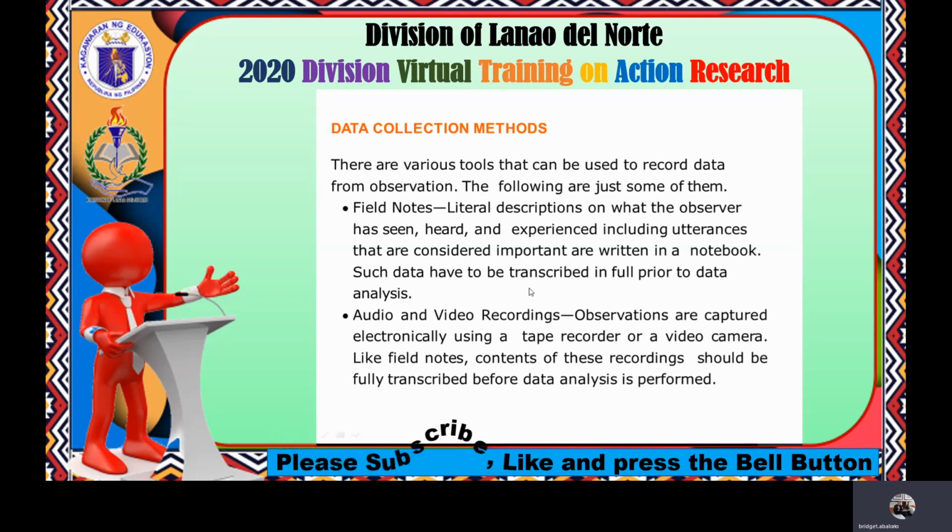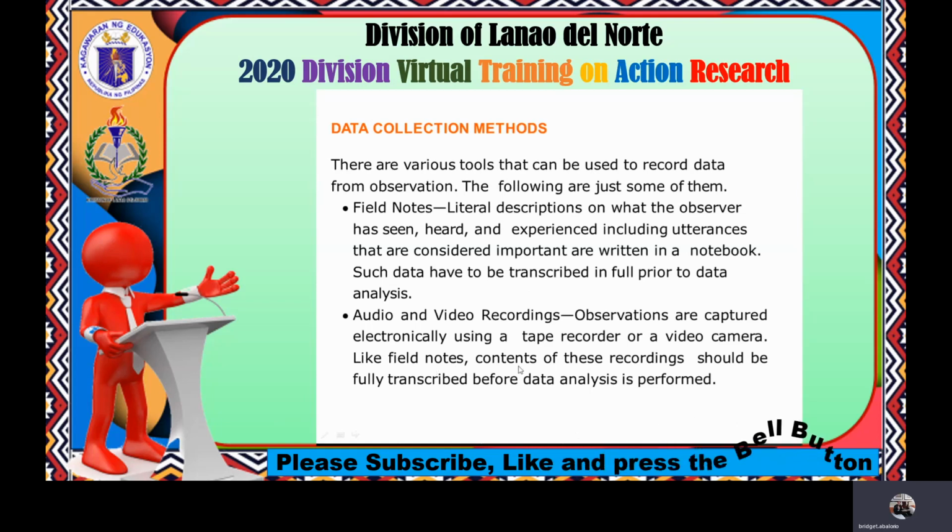Dapat ilimpyo ninyo ang cellphone, walaon ang mga video o mga pictures o unsa pa diha para pag-record nimo sa imong observations, dili siya maputol. So, dapat dili jud nga naay ma-miss sa imong observations.